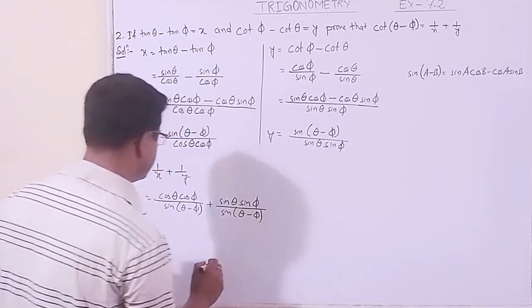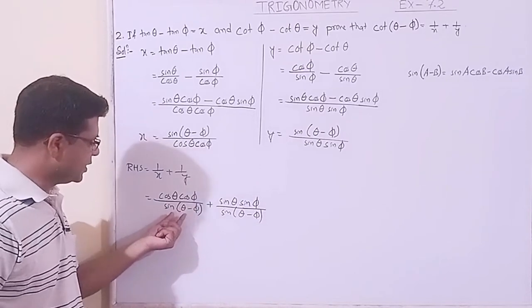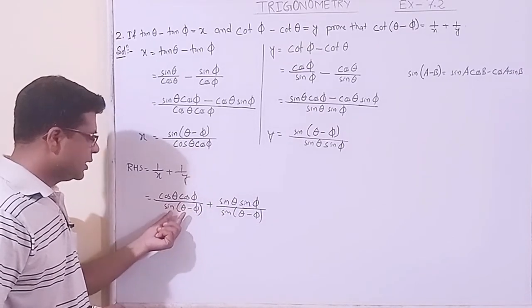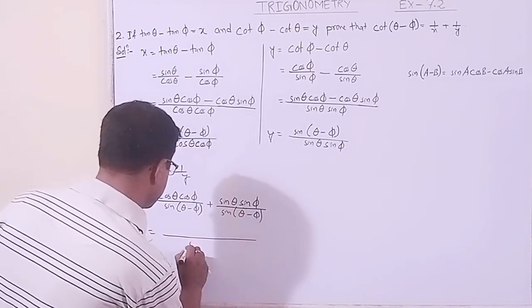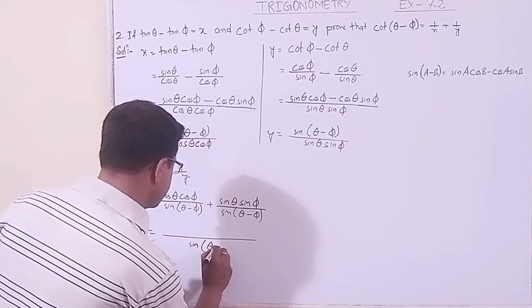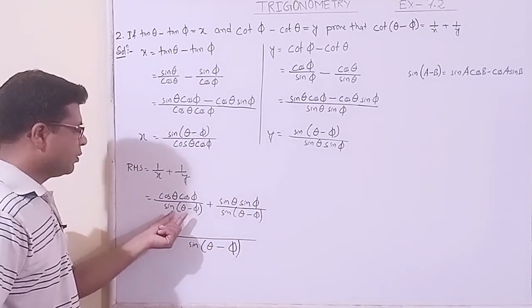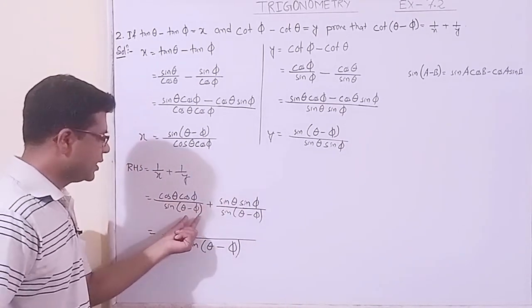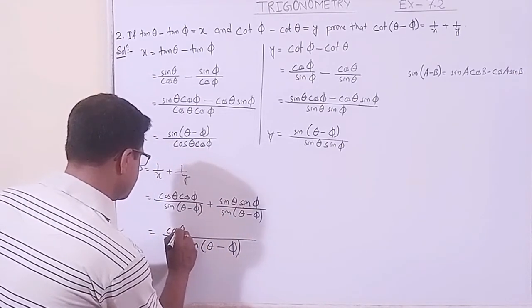Now the sum becomes very simple. Here you see we will take the LCM. In both the fractions the denominator is same, so the LCM will be sin of theta minus phi. This is done. So in the numerator what will we write? This plus this, because the denominator is same: cos of theta cos of phi.